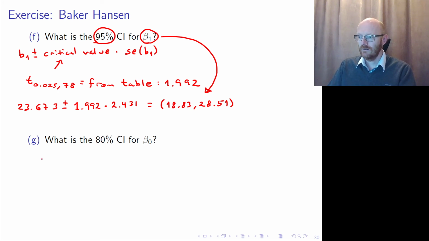Well, then we take the coefficient value for the intercept, and we have the critical value.